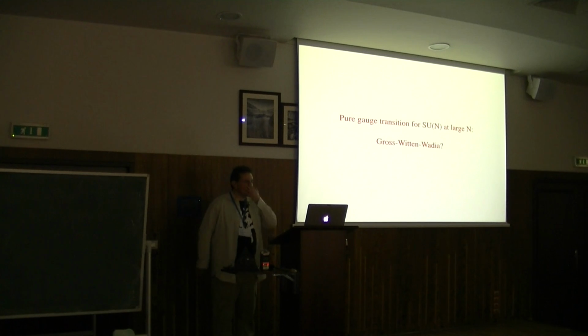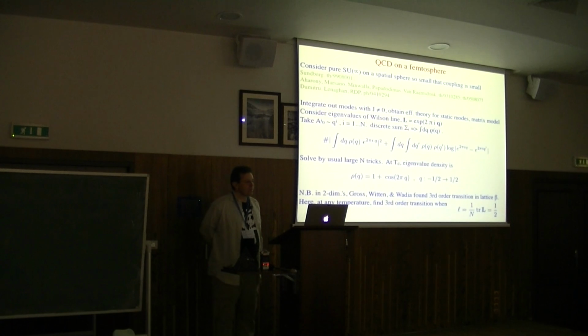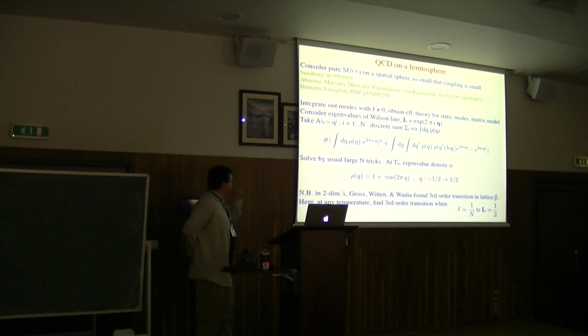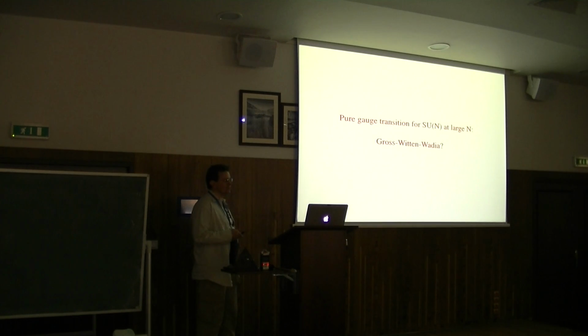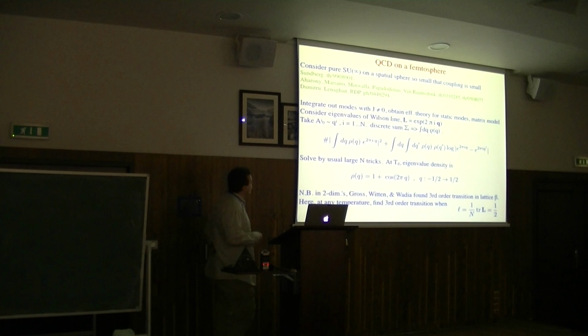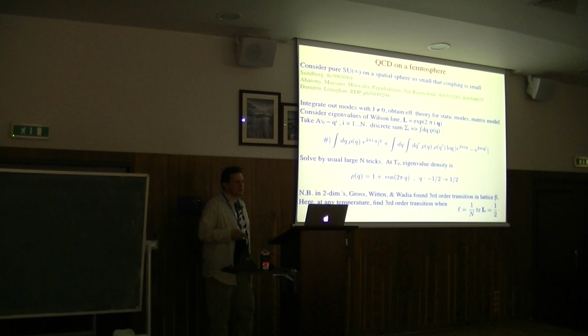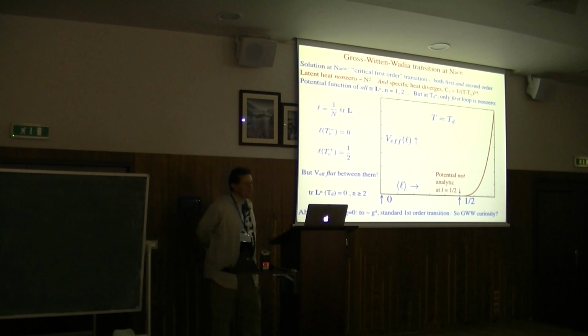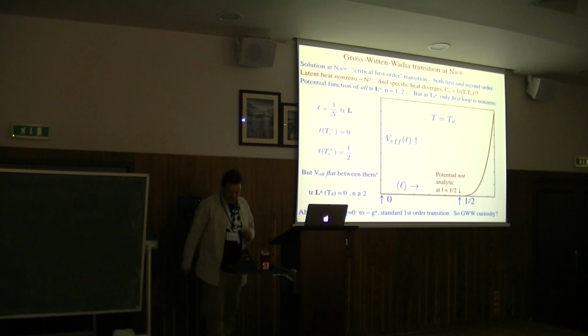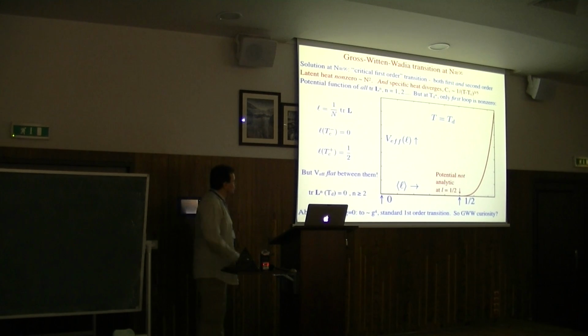But given the time, let me tell you about work which I did that is somewhat different, and that is that you can solve these theories at infinite N. For reasons of time, let me simply show you. This goes back to you can put the theory on a femtosphere, and remember I said for a first order transition you always have a barrier between the two.